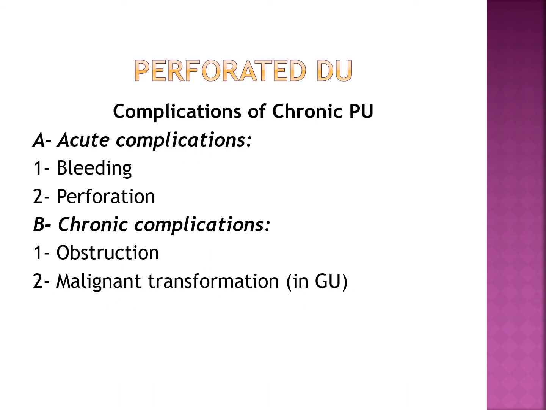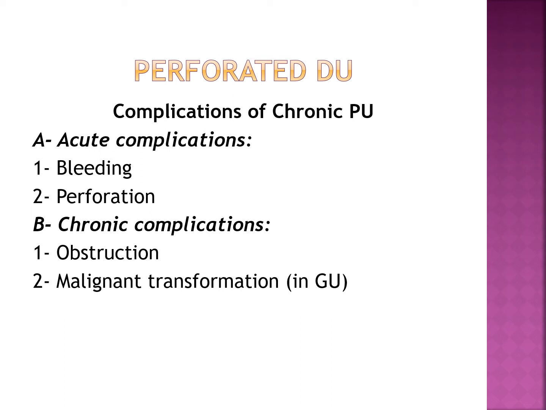One of the examples of acute peritonitis is the perforated duodenal ulcer. As you know, the chronic duodenal ulcer has many complications, either acute or chronic.